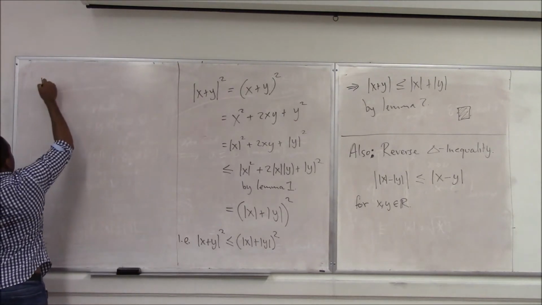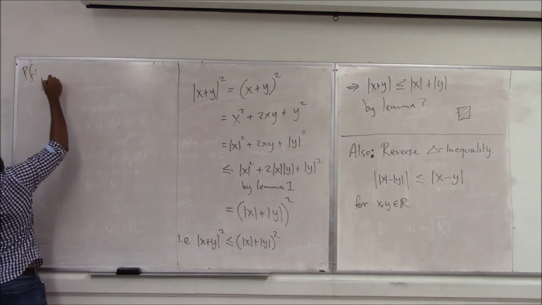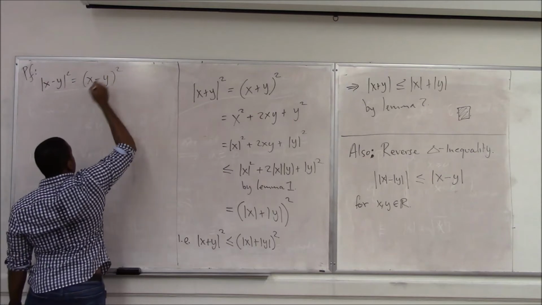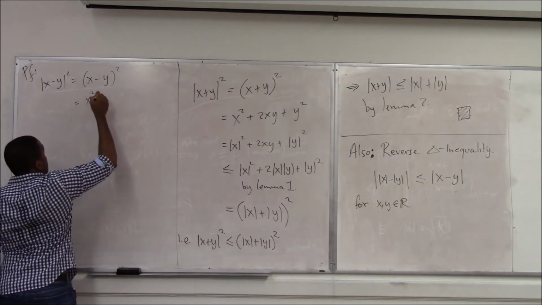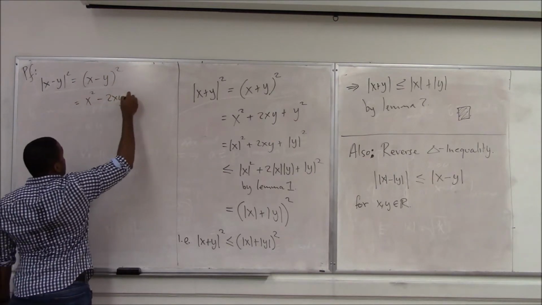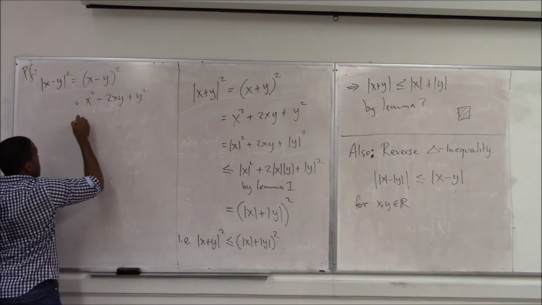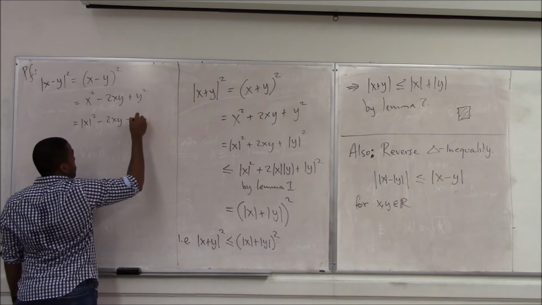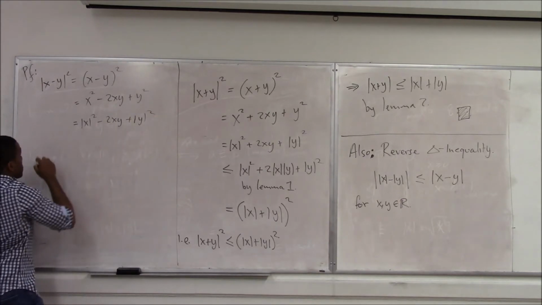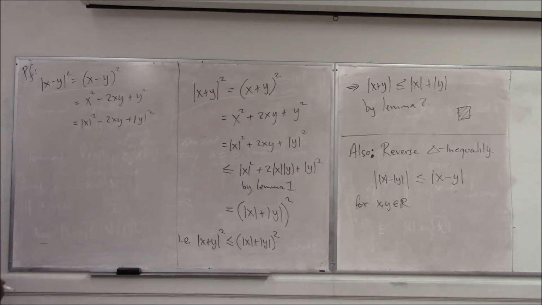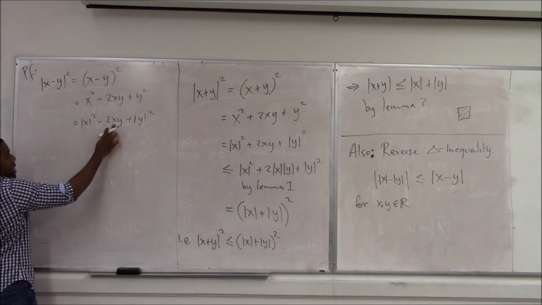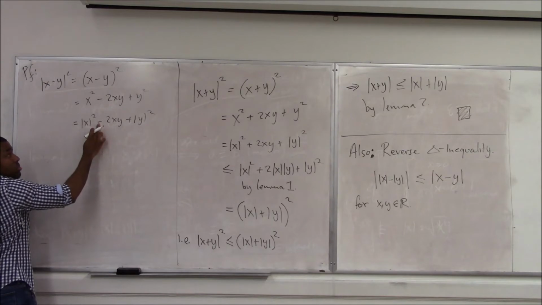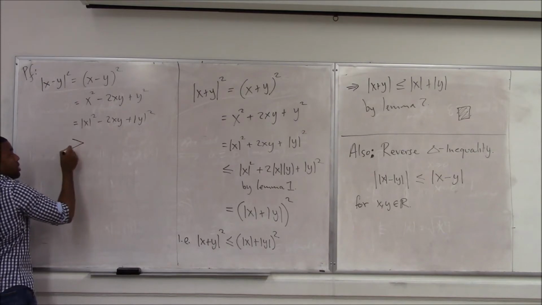If you start with x minus y squared, this is x squared minus 2xy plus y squared, and replace this. Now when I replace these with their absolute values, I get something smaller because I'm now subtracting something bigger. And so it turns that way.